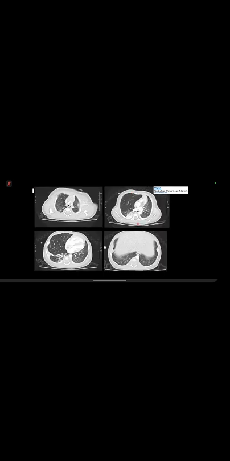Usually these children have CT scans under GA sometimes, and when they have ET tubes in and they're under GA and sedation, they would have these dependent atelectasis. This child also had the background of absent pulmonary valve syndrome, so they would have had interventions, and that also would lead to atelectasis.